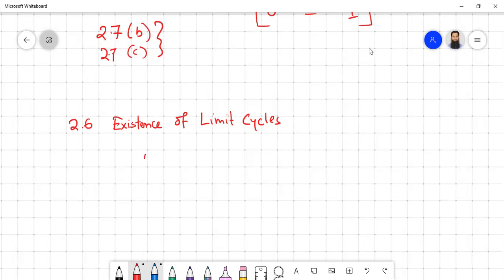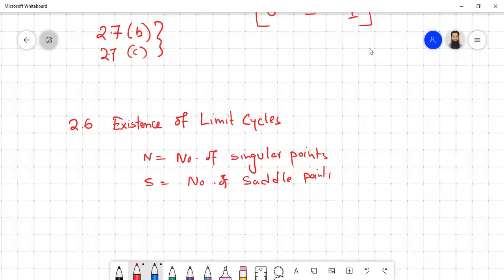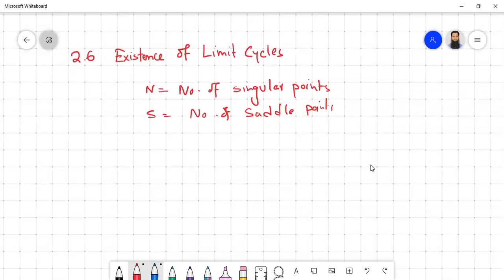Say n is the number of singular points, and s is the number of saddle points. Then there will always be a relation maintained between n and s: n equals s plus 1.